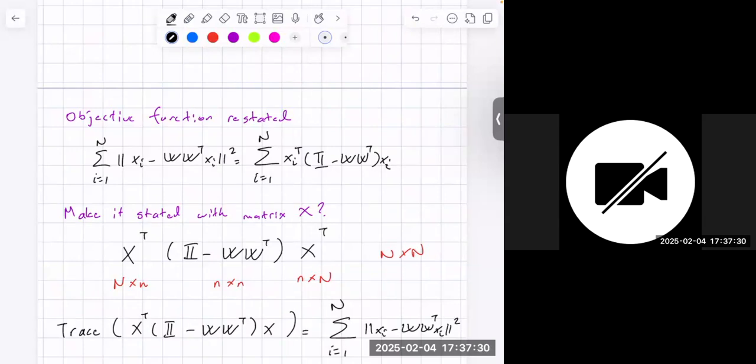And this thing, identity minus W transpose W, don't forget this is n by n. W transpose W was the small guy. And then this is your data matrix again. If you do this multiplication, and look at the trace of the end result, apparently that gives you exactly the objective function you were looking for.